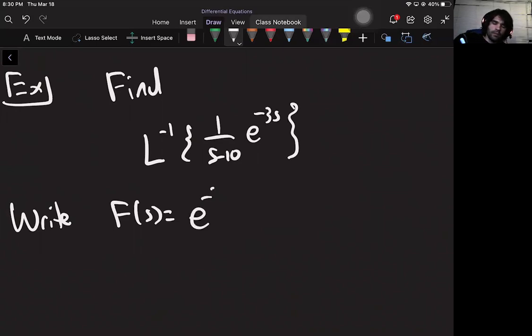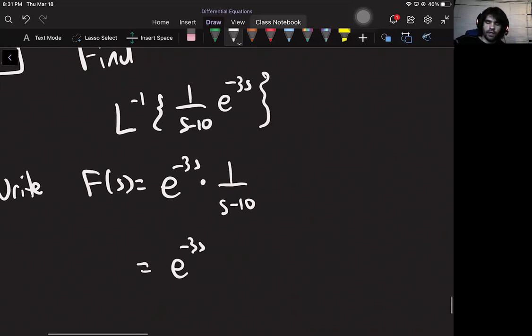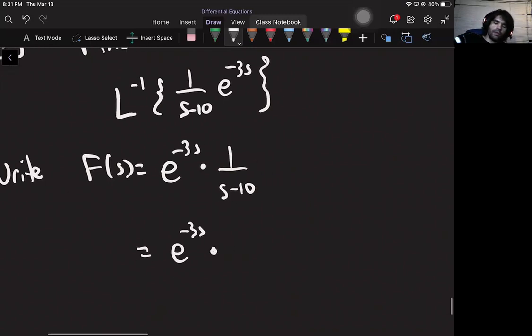Let me write it in the same order as the formula. And the stuff that's not the e part, that doesn't look like it came from the unit function, I'm just going to rename to be something else, like g of s.